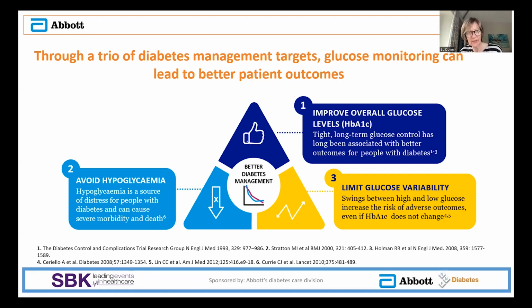And there is evidence now that suggests that this swinging, this variability, can actually increase and is directly linked to the development of complications. So we have to limit variability, and that's variability across the day and day on day on day, variability that appears at the same time every day or could appear at any time from morning to evening.